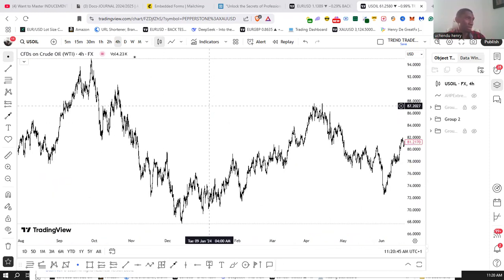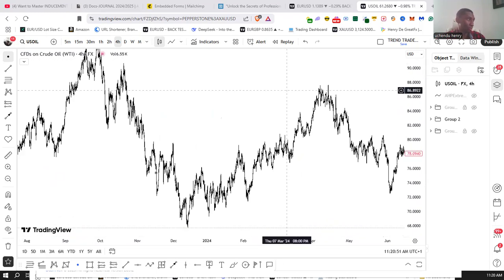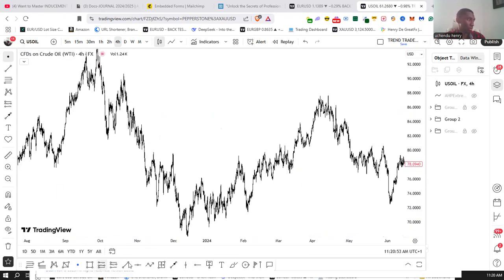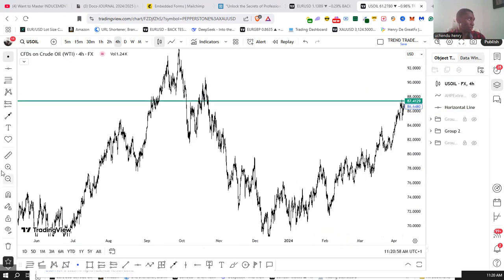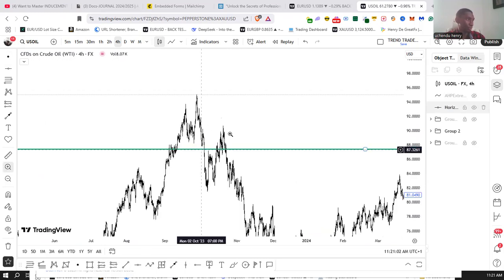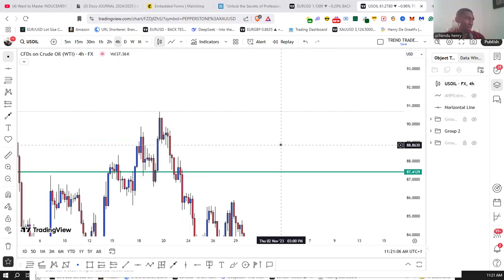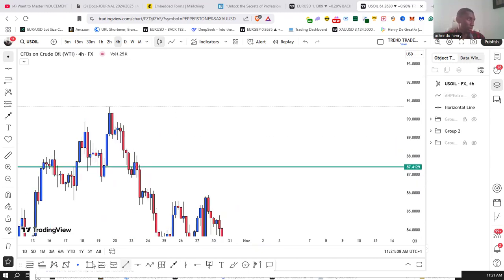So let's look at this setup here. So let's go to this point. So what do we see here? First of all, I see this order block.